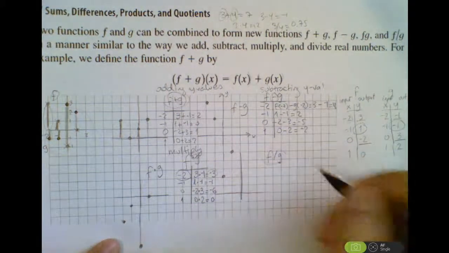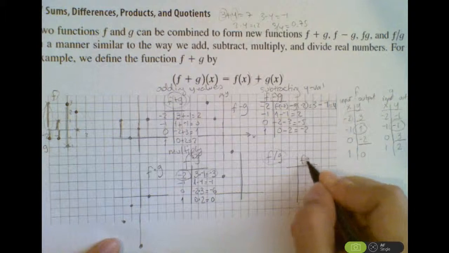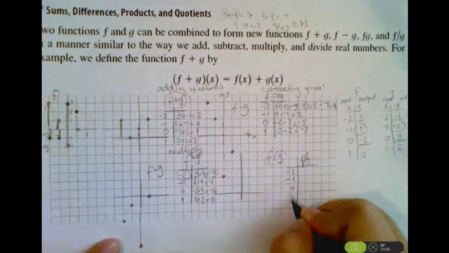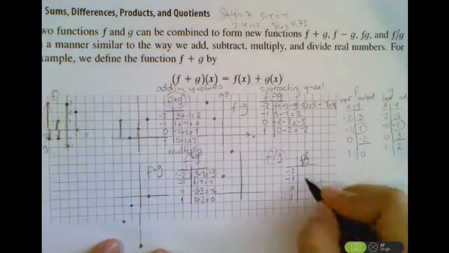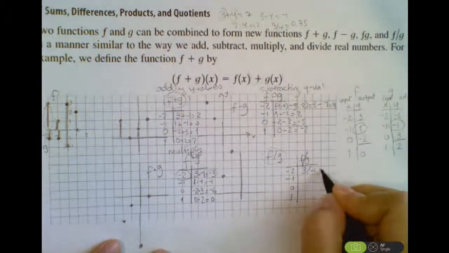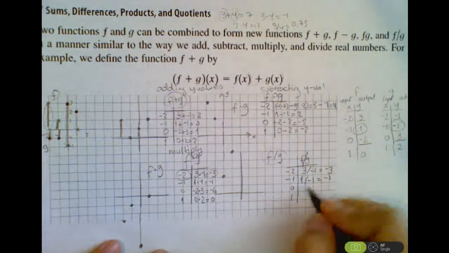And lastly, I can also divide. So f divided by g will be this table. And then I have to make sure that the x values are the same. Now I'm going to divide 3 by negative 1, which is negative 3. 1 divided by negative 1, which is negative 1.